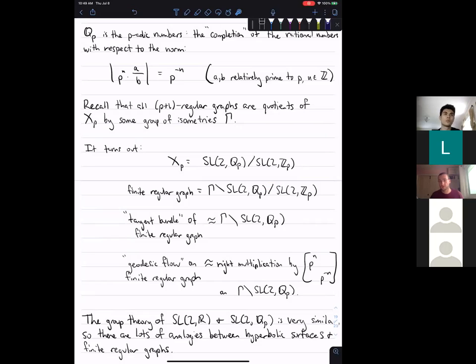So you have functions on this space, you have a group action on that space, and you want to decompose that. And if you can decompose it, it gives you a lot of information. In fact, the decomposition is very closely related to the eigenvalues of the adjacency operator on the corresponding graph.